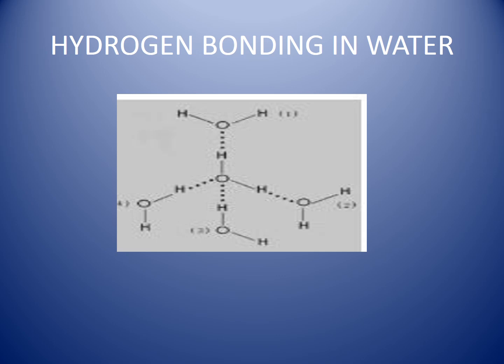These lone pair of electrons make oxygen atom very electronegative, and it starts attracting the partial positive hydrogen atom of the other neighboring molecules. So an extra force of attraction is developed, which is mostly represented by dotted lines, is the hydrogen bonding.